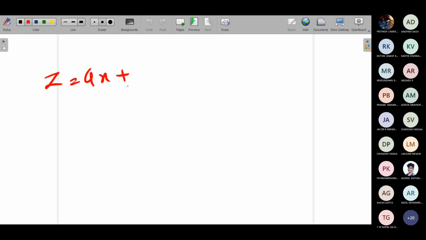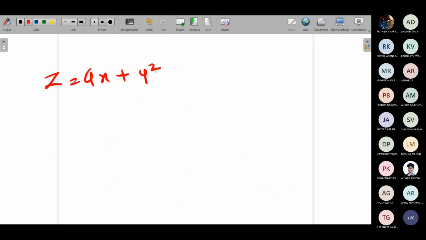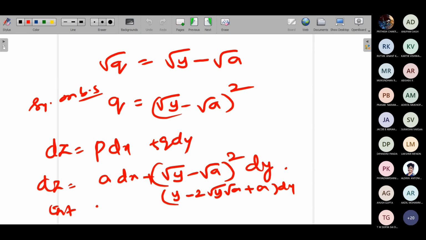The first term will be y. You can expand it. First open the bracket. You get y minus 2 root y into root a, and the other term will be plus a. Once you integrate this, the first term will be y square by 2.